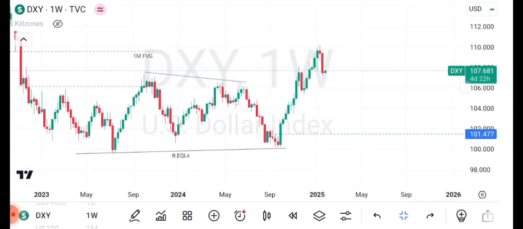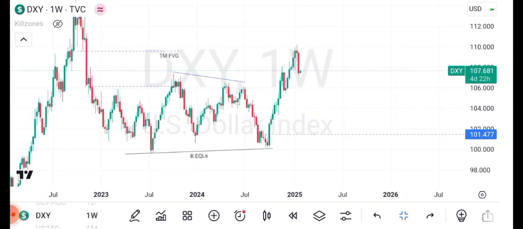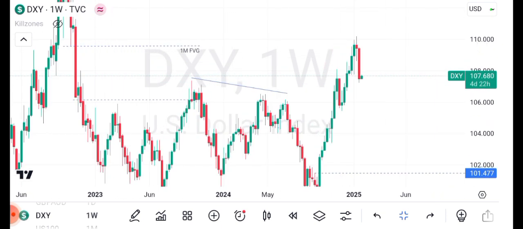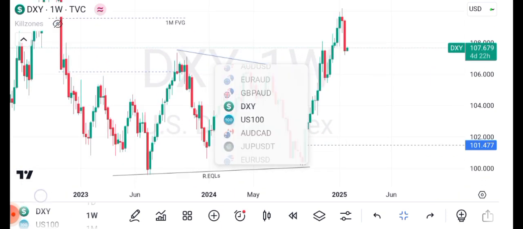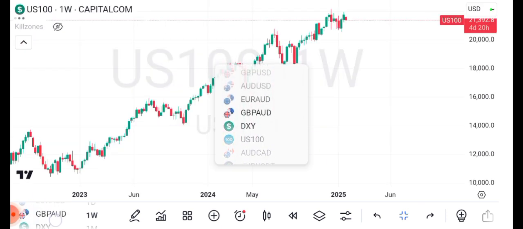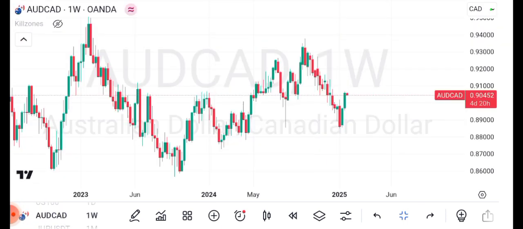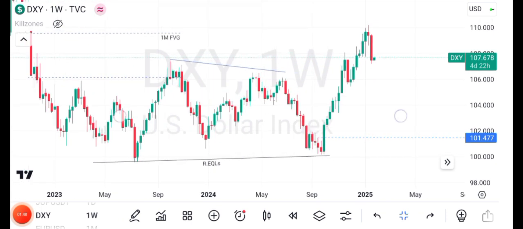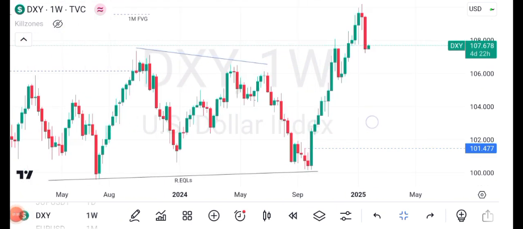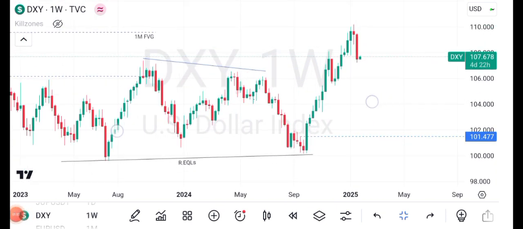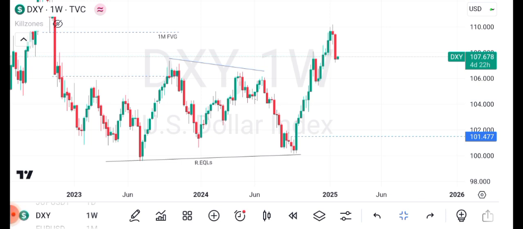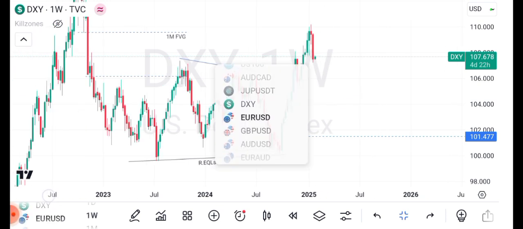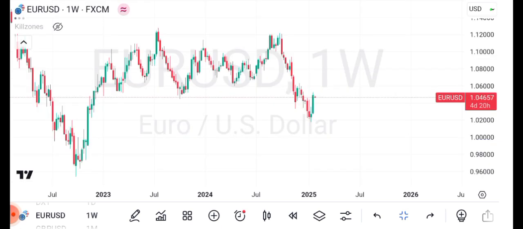Now, one of the pairs that has almost 98 or 100% opposite correlation with DXY is a beautiful pair: EUR/USD.